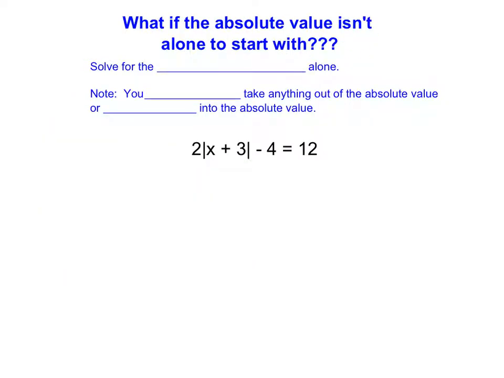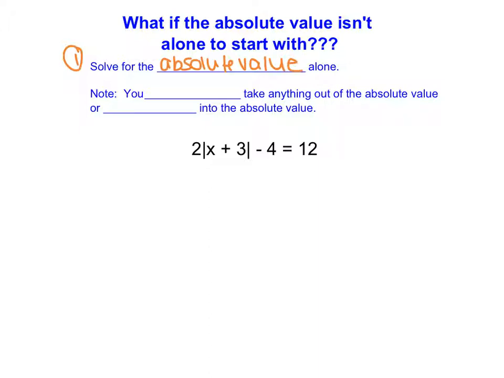So now we're going to tackle a slightly more difficult problem that requires us to use step 1. So those first couple problems we solved had the absolute value alone to start with. This one does not. So if the absolute value is not alone on one side of the equation to start with, you have to solve for the absolute value alone to start.